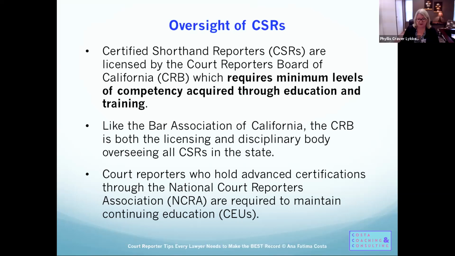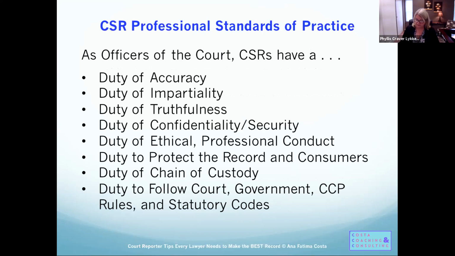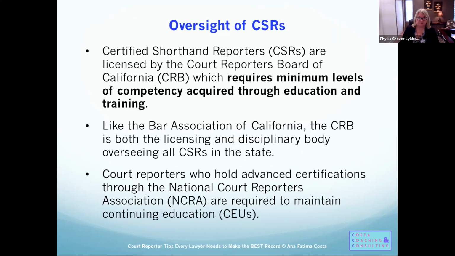There are state associations, just like all states have bar associations and then there's a national association like the ABA, and NCRA is the national association. The NCRA regulates court reporter certs that they offer through their association, which are slightly different than the state associations. So next slide, please.